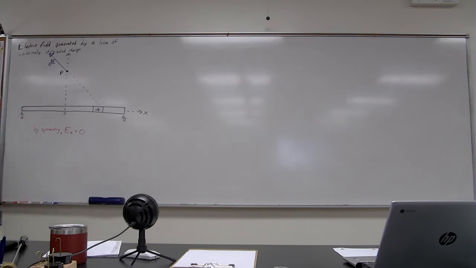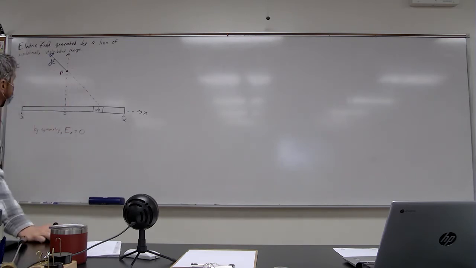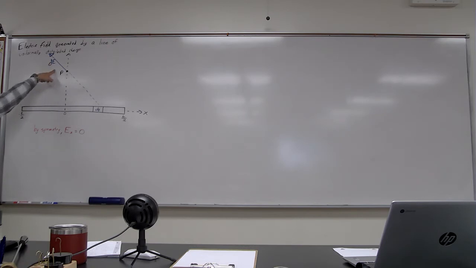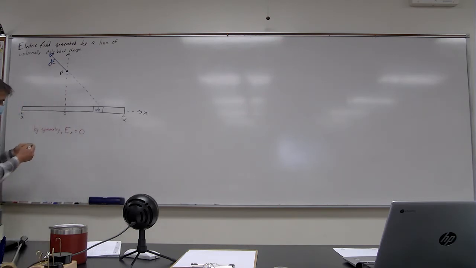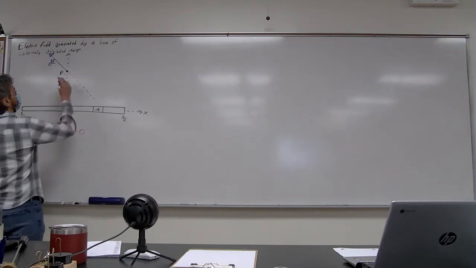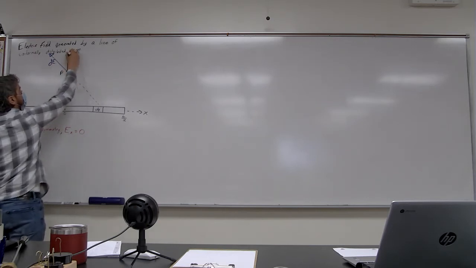Okay. Now to make sense of this, so that's my representative charge dq. I've drawn the electric field dE. Now I need to write an expression for that dE, right? And so I need to label my stuff here. First of all, I know that the electric field that I'm looking for is going to be pointing this way, right?